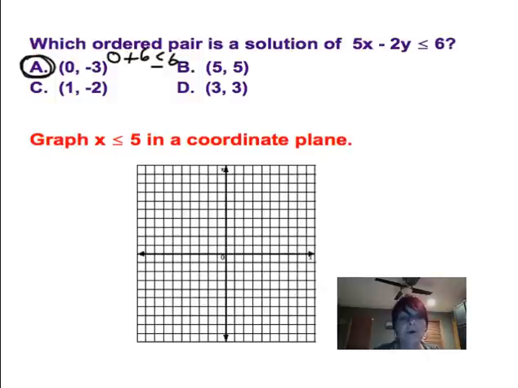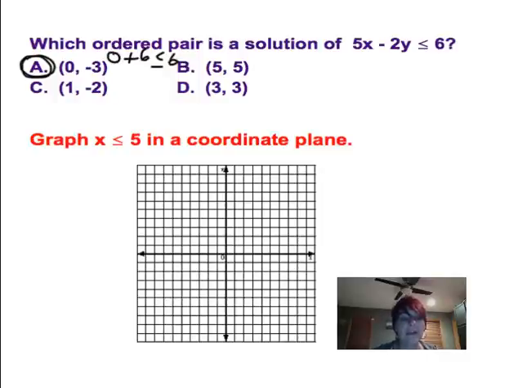And then if we plug in the point (3, 3), 5 times 3 is 15, minus 2 times 3 is 6. 15 minus 6 is 9 again. 9 is not less than or equal to 6. So B, C, and D do not work. The correct answer is letter A.